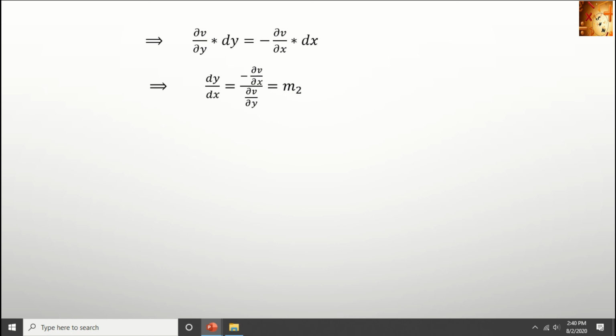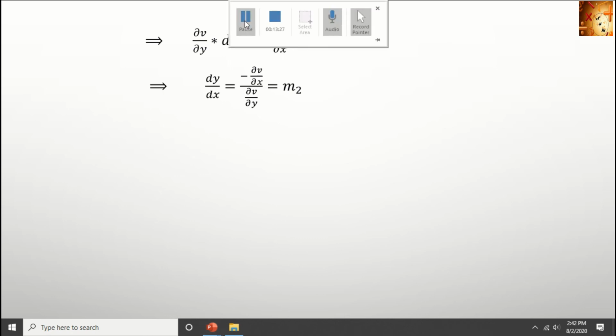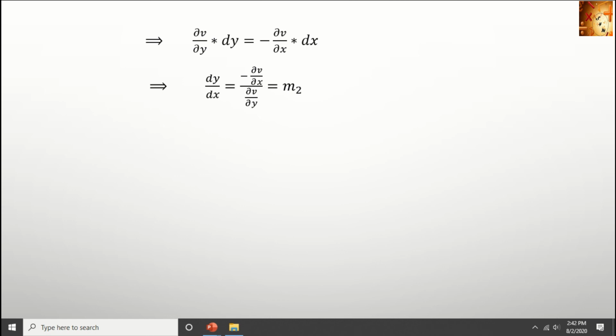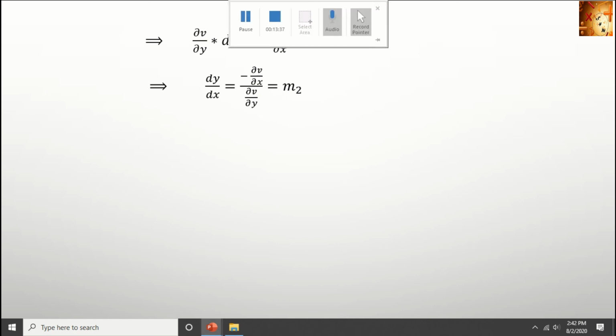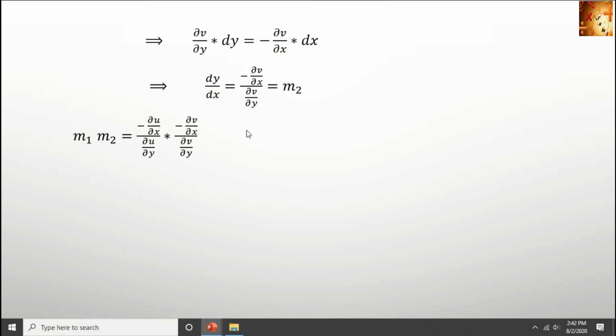Next we are going to find the product of these slopes, that is m1 into m2, which is equal to minus dou u by dou x divided by dou u by dou y, into minus dou v by dou x divided by dou v by dou y.